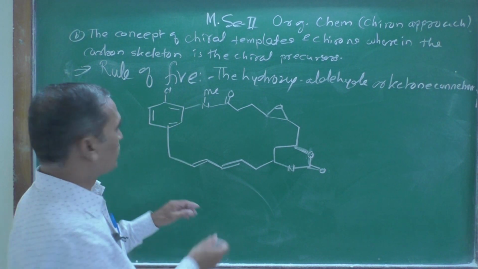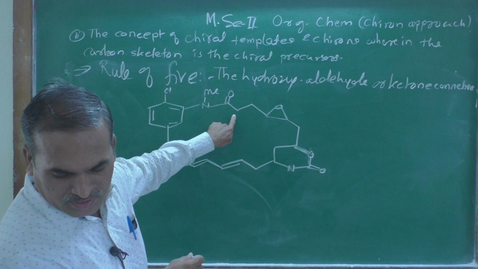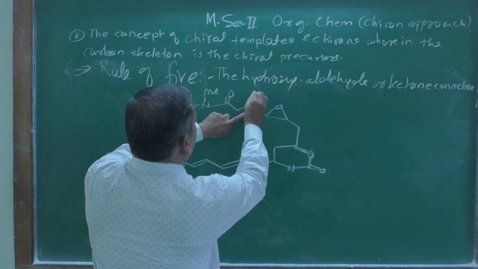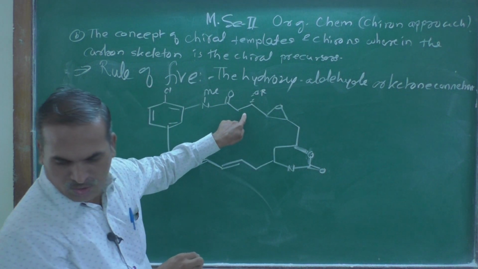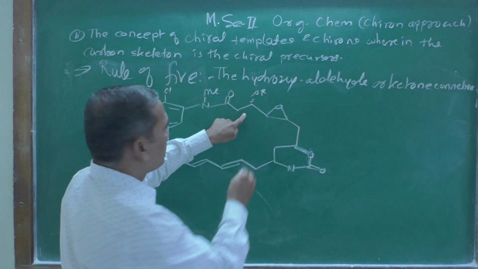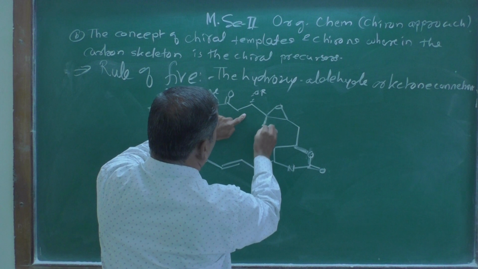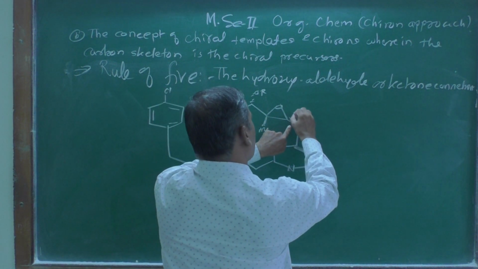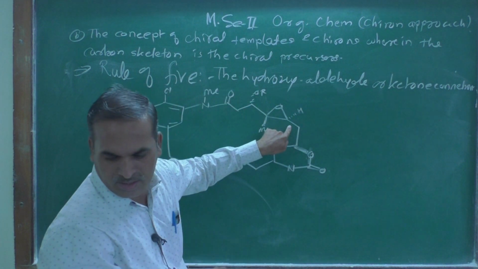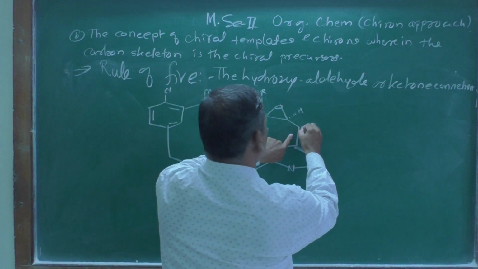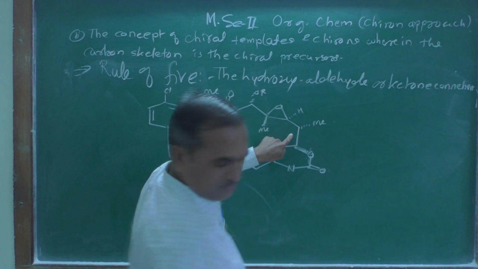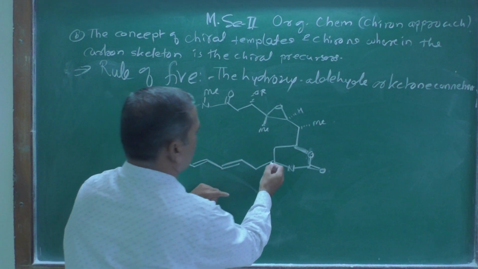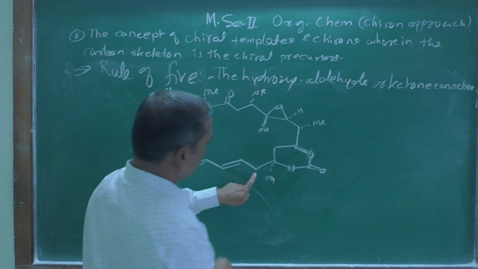See, here is a methyl group. At this junction there is an alkoxy group, OR. At this position there will be a methyl group, and at this junction a hydrogen atom, and here again a methyl group, and here again an OH group.